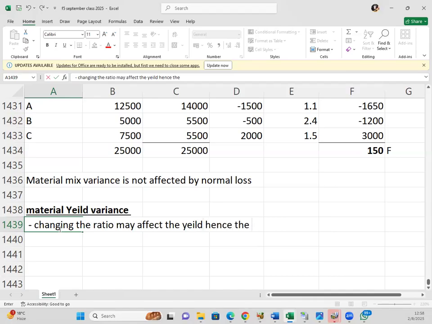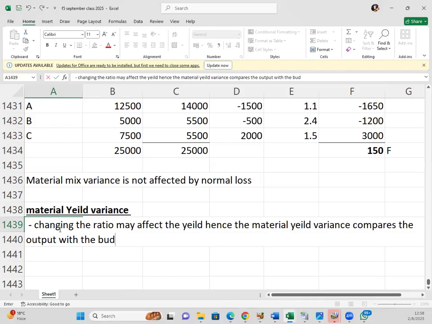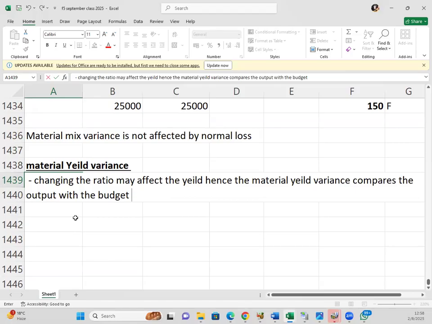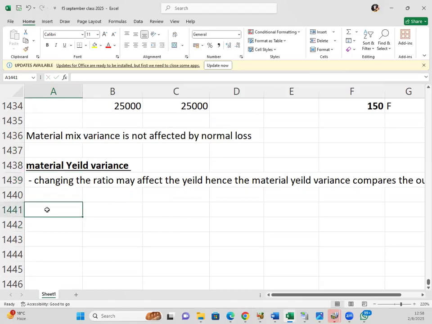Hence, the material yield variance compares the output with the budget. So if we had used the old ratio, what could be the output?